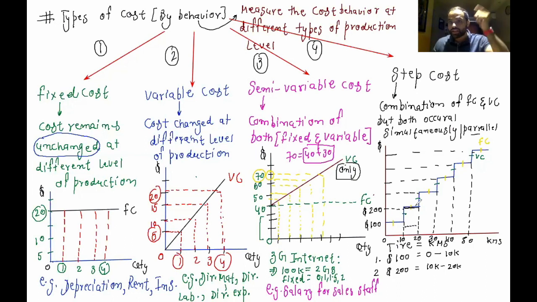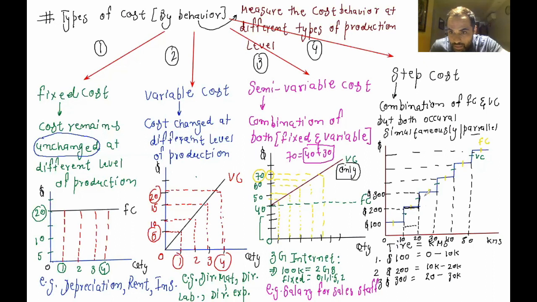Now when 20,000 kilometers finish, cost increases. If you cross the limit, cost goes up. That's why I write it like this, not diagonally like you said. Cost increases to 300, and 300 gives you another limit, 20,000 to 30,000.